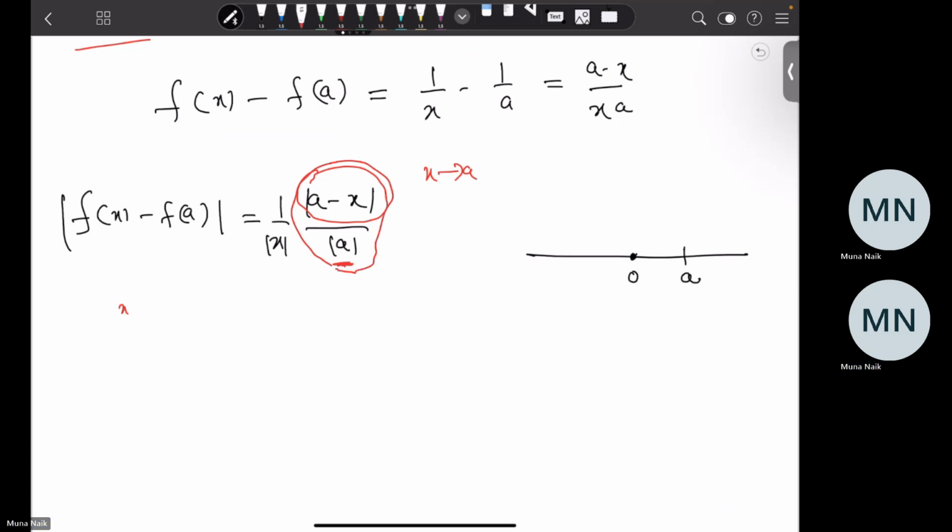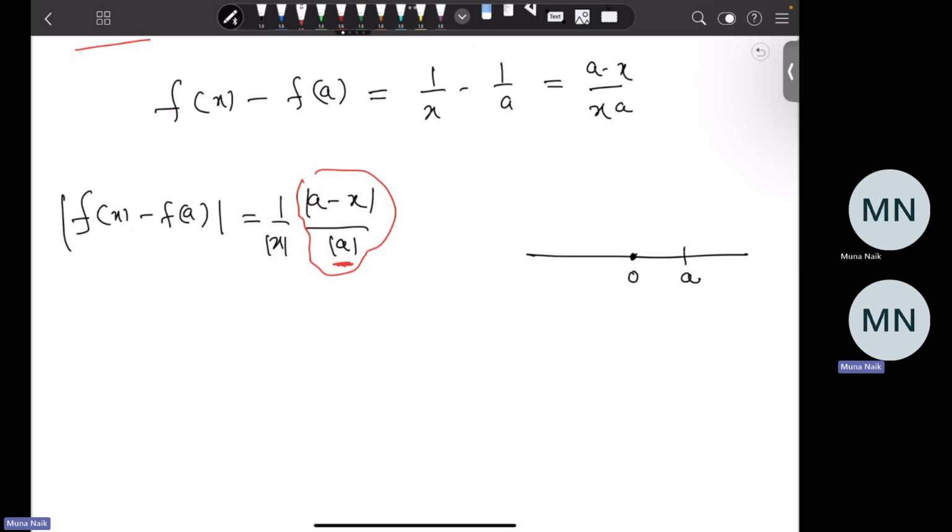So the only problematic thing is 1 by mod x. If this 1 by mod x is bounded, then we are done; that will show that f is continuous at a. But this is a highly unlikely situation on R minus 0, so 1 by mod x cannot be bounded.